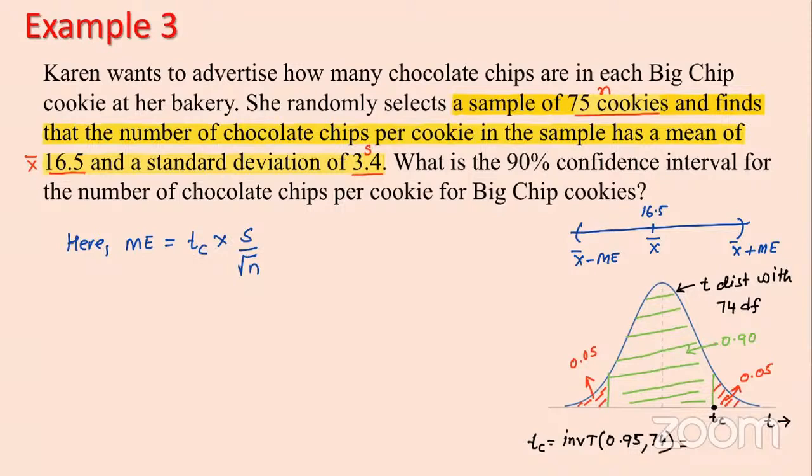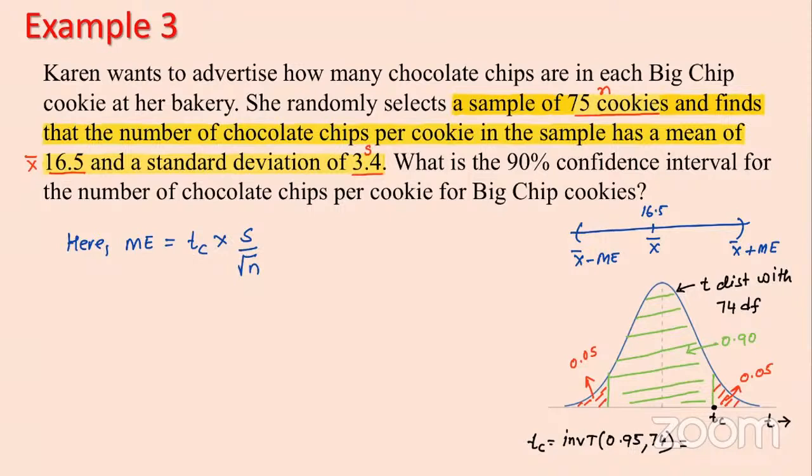Now, please go to second vars, number 4, put the values and tell me what you get for T critical. Everybody. Yes, how much? 1.6657. That is correct.